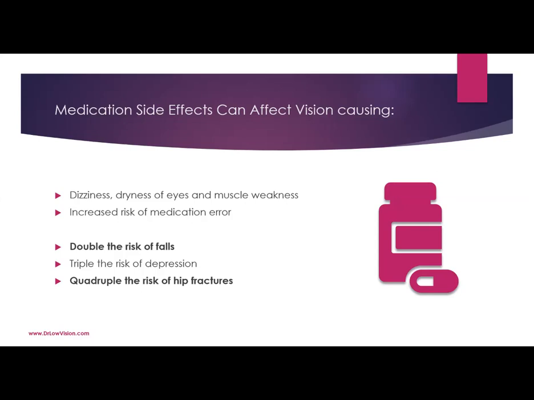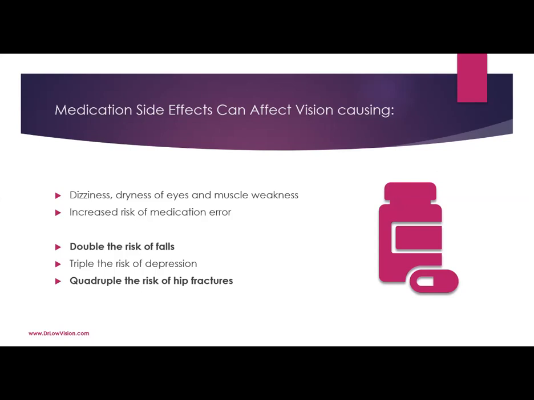But with that, there can be double the risk of falls, triple the risk of depression, especially with the side effects of multiple medications that people are on. I often tell my patients when I look at their list of medication, if someone's only on 1 or 2 medications, that's not too bad. When I have that list of 5, 10 medicines that they're on, I'll often say that they're definitely keeping the pharmacy too busy.